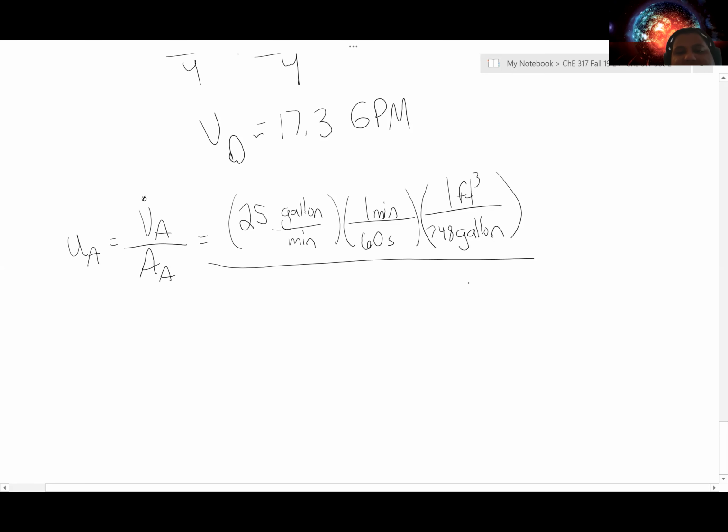And then the area of A is pi times 2 over 12, so I can get it in feet, squared, divided by 4. So you do all that, you should end up in feet per second.